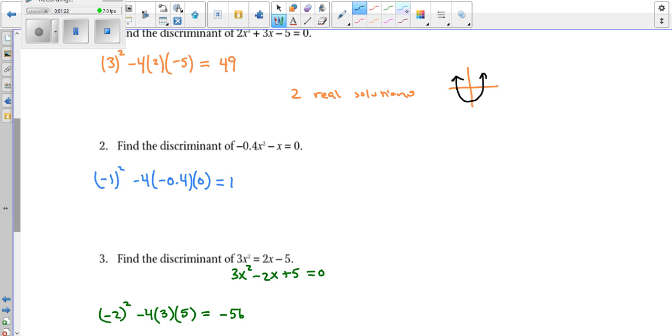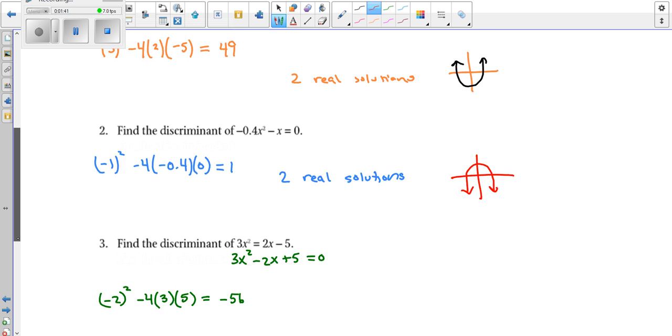In number 2, because your discriminant is again positive, this means you also have 2 real solutions. The only difference is when you graph this one, your a value is negative, so your function is actually going to open down when it hits the x-axis.